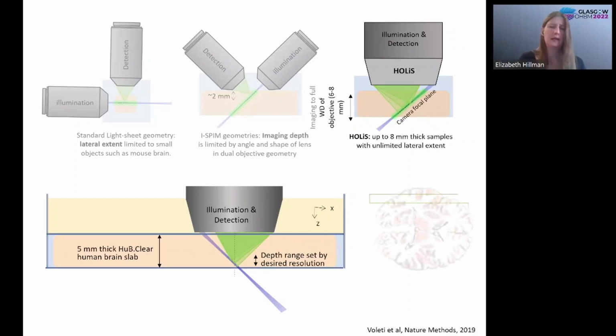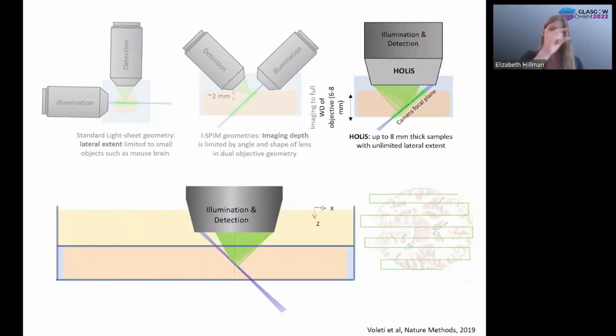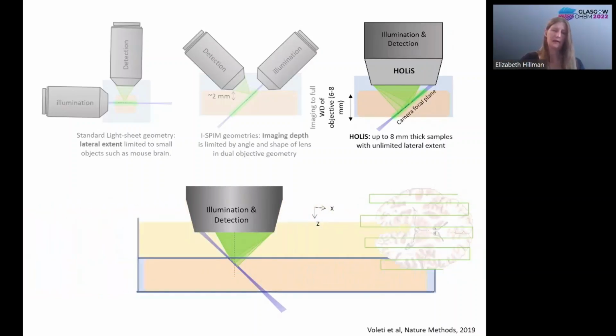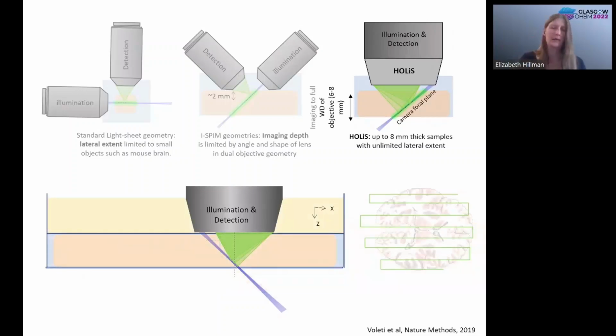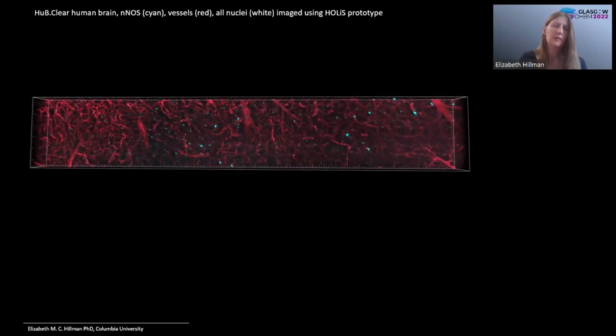And then we simply move the brain slice around at constant velocity, and we'll be collecting these cross-sectional slabs of data that we can then reassemble into the entire slab, which we can then reassemble into the entire brain.